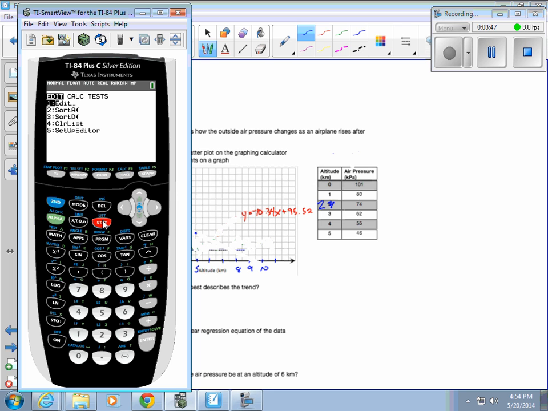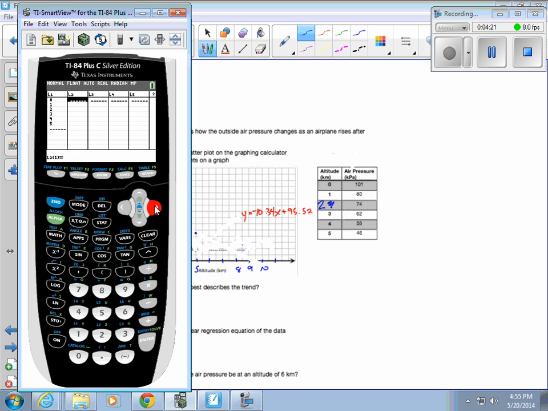Okay, stat. We want to edit. So our list 1, you go up to L1 and hit clear and enter. It'll clear that for you. Then go back up to list 2, hit clear and enter. It'll delete any data you have in there. So we're starting at 0, 1, to 5.